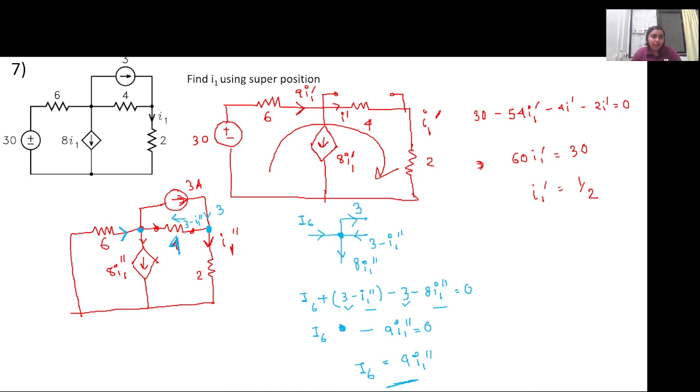So we have now figured out all the branch currents, so we can apply KVL in this particular loop to calculate I1 double dash, right? So tell me the KVL equation through this particular loop. First we will move through this 6 ohm resistance, right?